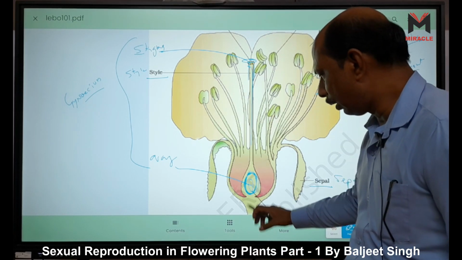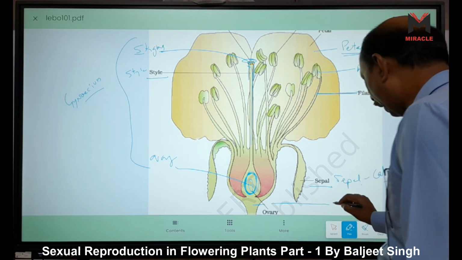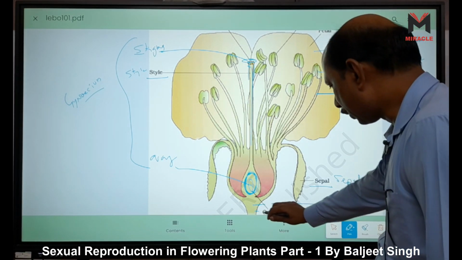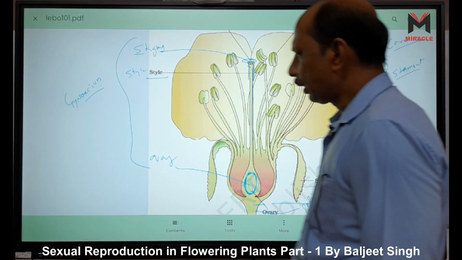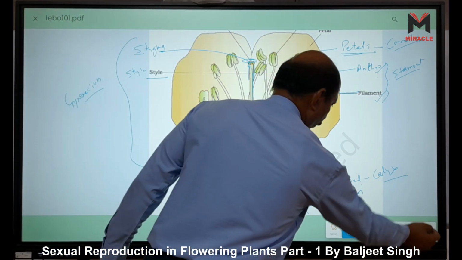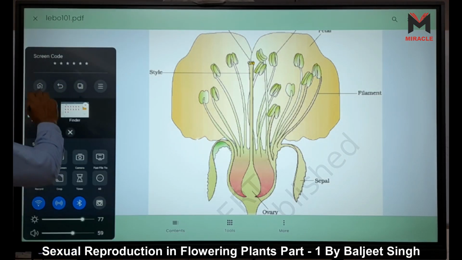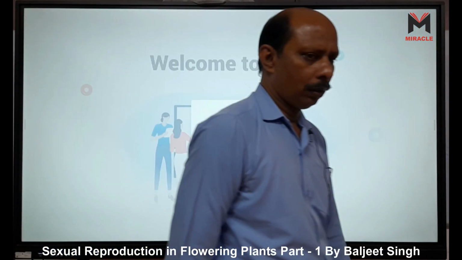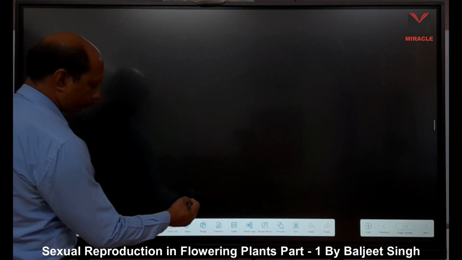In locules, seeds are present, right? This part is called the thalamus, and this twig-like structure is called the pedicel. So these are the parts of the flower. Okay, I will draw a figure and then explain to you. This is a flower.